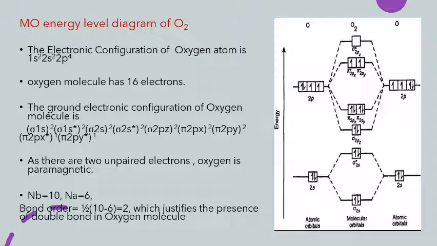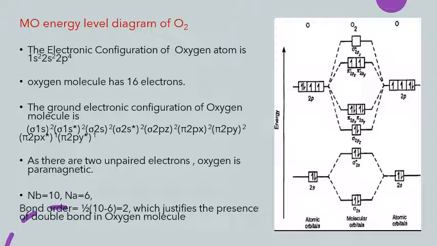And the oxygen molecule, that's why, has 16 electrons. The ground electronic configuration of the oxygen molecule is given here as already discussed in the earlier slide. Based on this configuration, these 16 electrons will get filled in these molecular orbitals.